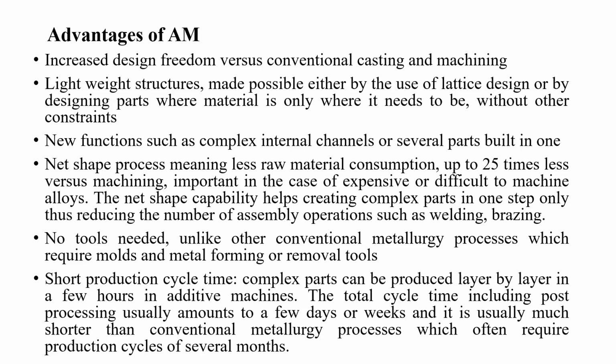The total cycle time, including post processing, is usually from a few days to weeks, and it is much shorter than conventional metallurgical processes, which often require a production cycle of several months. So this is one of the major advantages of additive manufacturing.